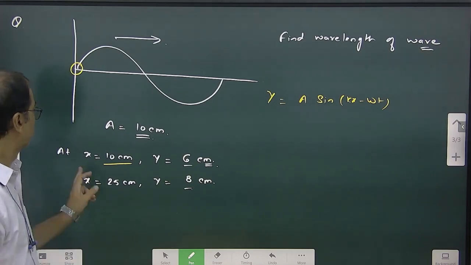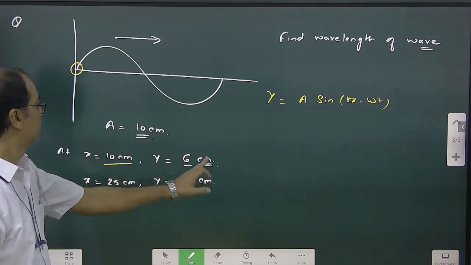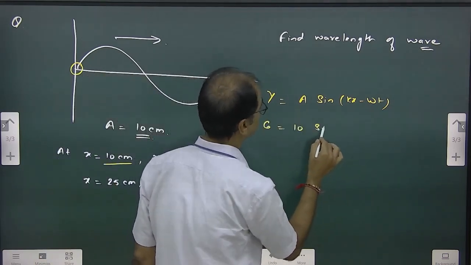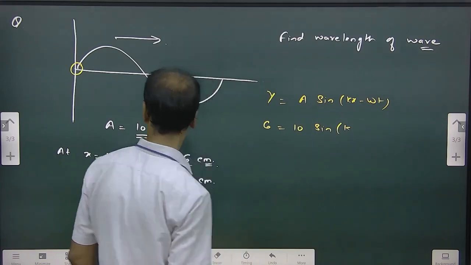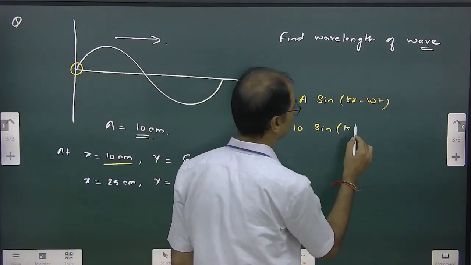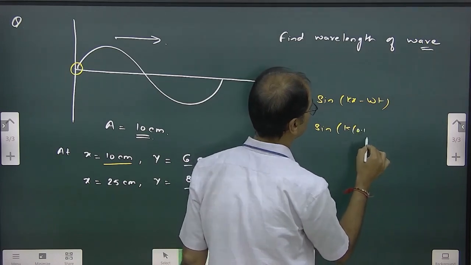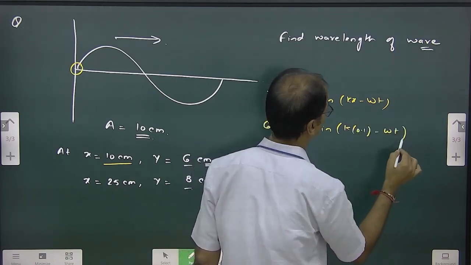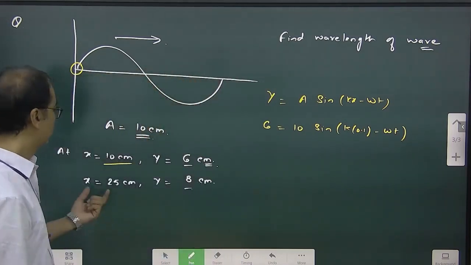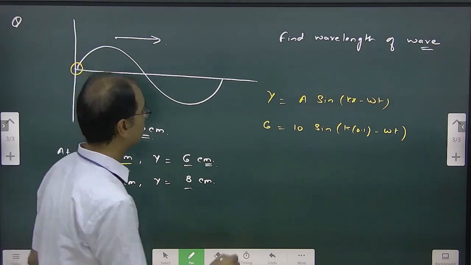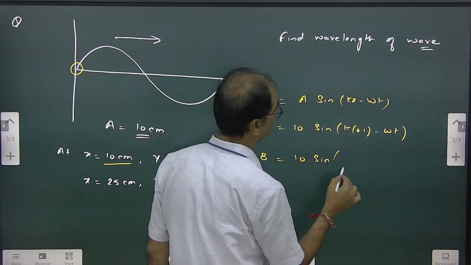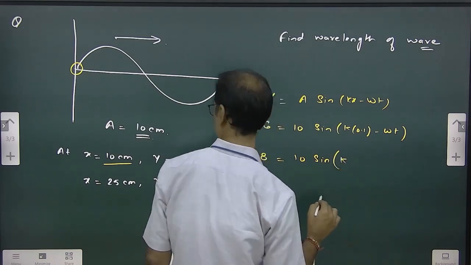Okay. So, if I write for this, he says y is 6 centimeter here, this is 10, is sine k, x value is given 0.1 minus omega t. Okay. Then this value is also there. Write as 8, 10 sine k, now 25 centimeters.